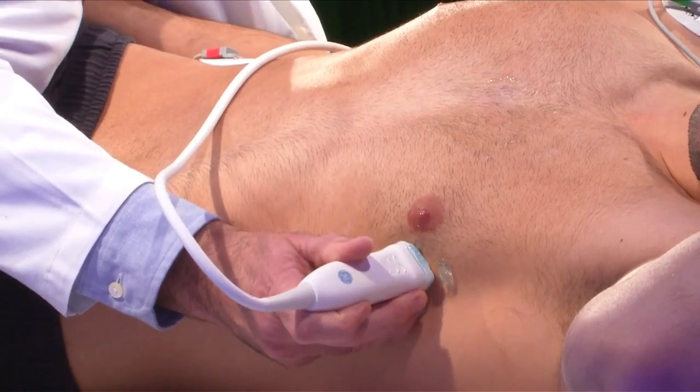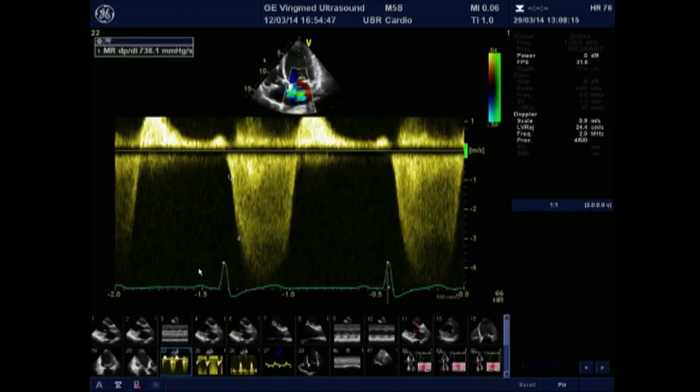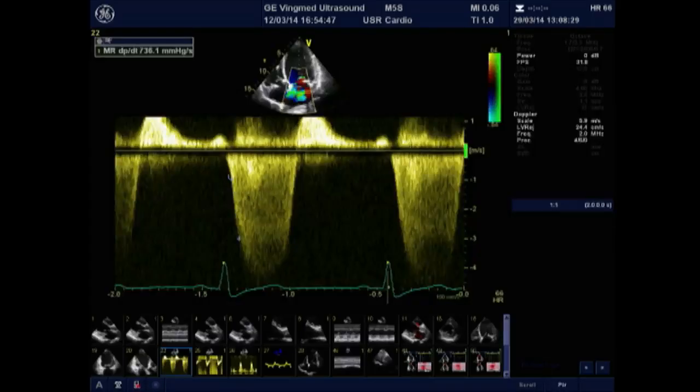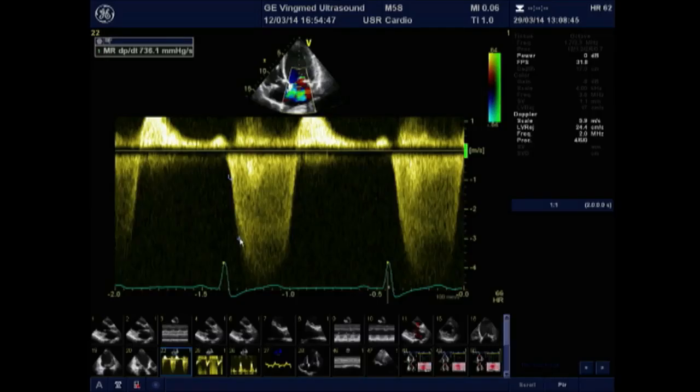This is another way to assess the LV systolic function, the mitral regurgitation dP/dt, which is the rate of change of the velocity of the mitral regurgitation flow between a velocity of 1 and 3, corresponding to the isovolumic contraction time when the contraction only depends on LV systolic function.